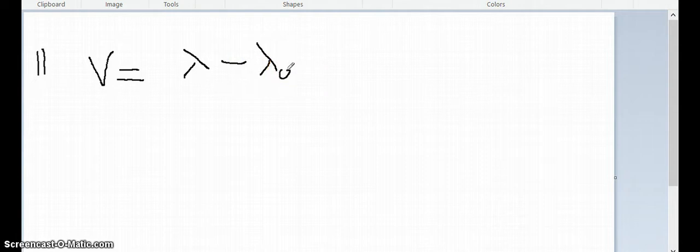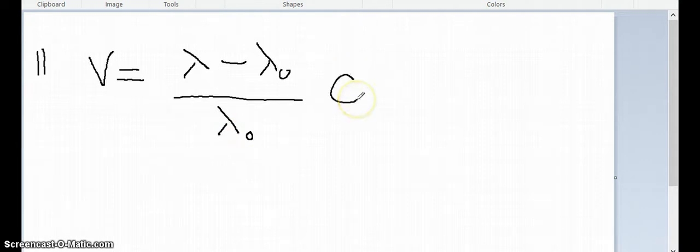Lambda naught is just the wavelength in the laboratory, then divided by lambda naught, and that entire thing is multiplied by the speed of light.